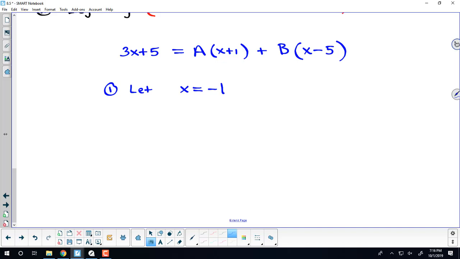So if x is equal to -1, we've got 3 times -1 plus 5. So we have 2 equals 0 plus -6b. So if -6b is equal to 2, that's going to mean that b is -1/3.